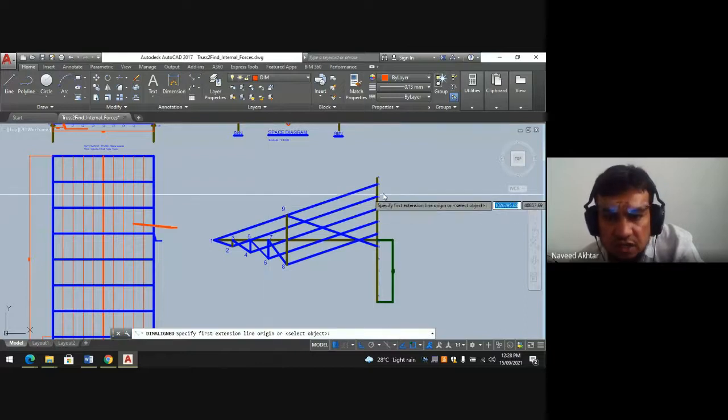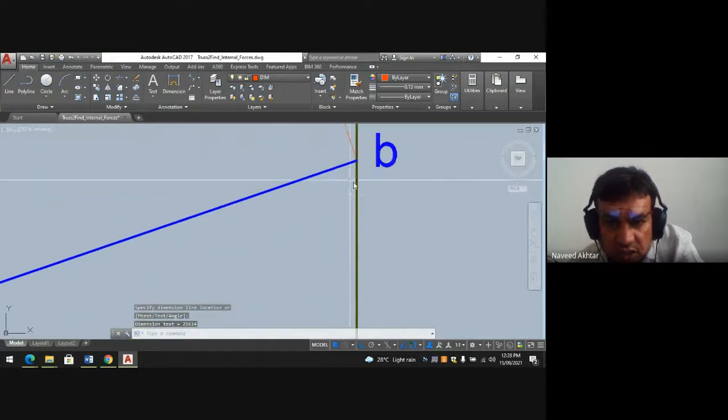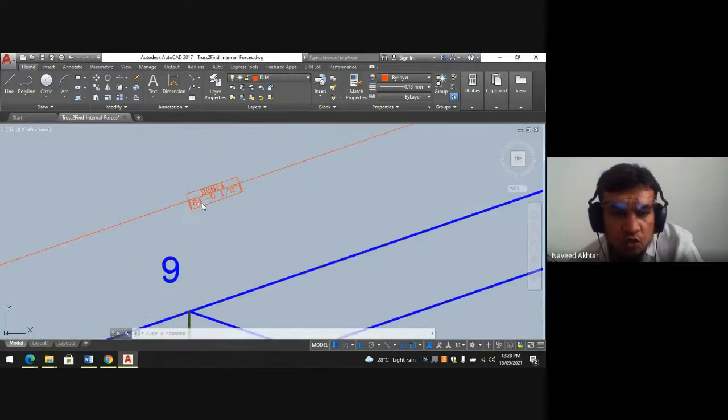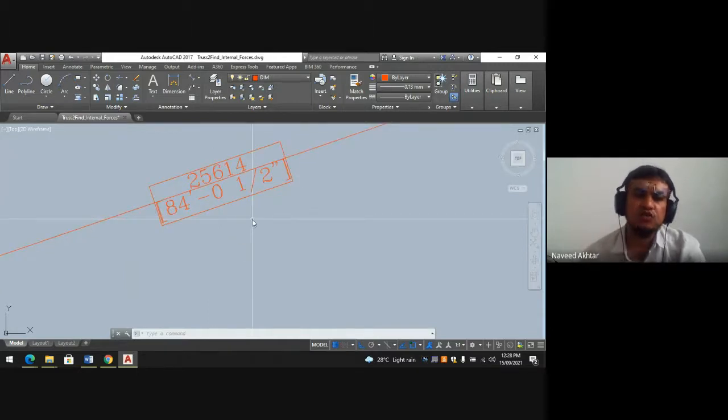If I measure B21, this distance is how much? 25.614.